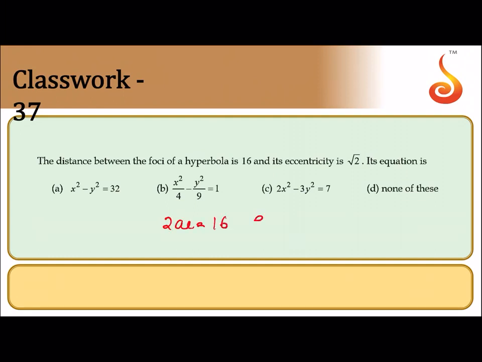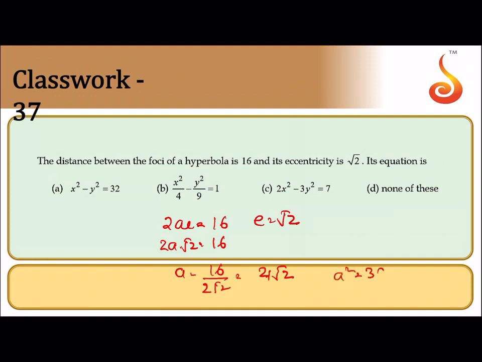Now, the distance between the foci of a hyperbola is 16 and the eccentricity is root 2. The distance between the foci is again 2ae equal to 16, and e is equal to root 2. So 2a into root 2 is equal to 16. So you get a equal to 16 by 2 root 2, which will give you 4 root 2.